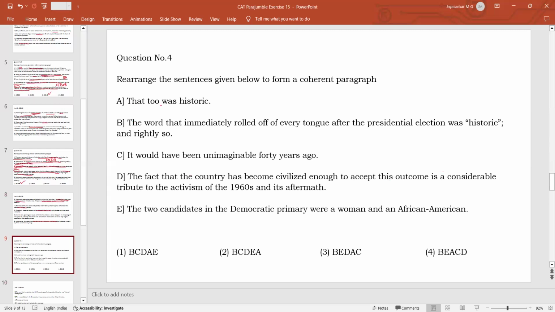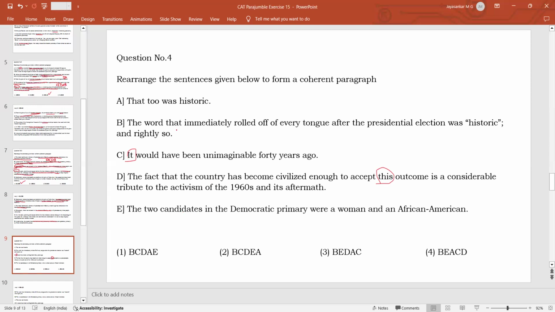"That too was historic" cannot be an opening sentence. "It would have been unimaginable" again, because of the word "it", will not be an opening sentence. "The fact that the country has become civilized enough to accept this outcome", again, because of this, will not be a good opening sentence. "The two candidates in the Democratic Party were a woman and an African American." That also is not giving you a logic to be an opening sentence.